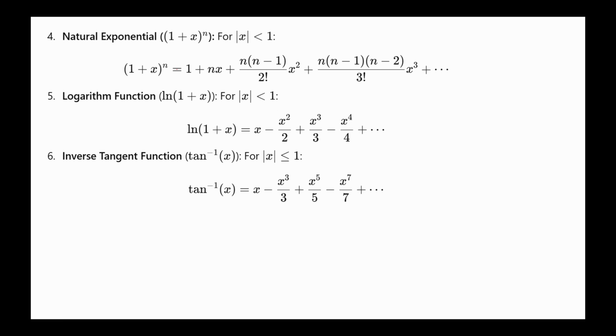1 plus x to the power n. Here we are considering this is a type of binomial expansion. So it expands this way. Logarithmic ln 1 plus x, we get x minus x square by 2 plus x cube by 3, and it goes on. Then inverse tangent.